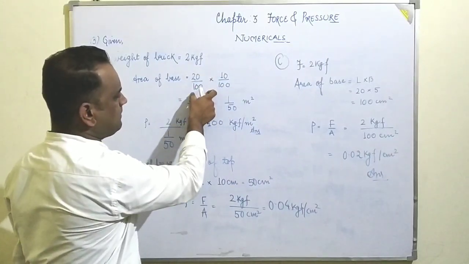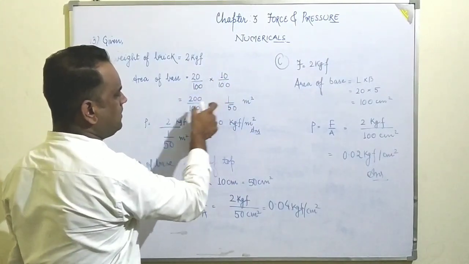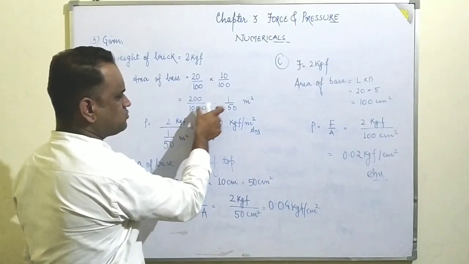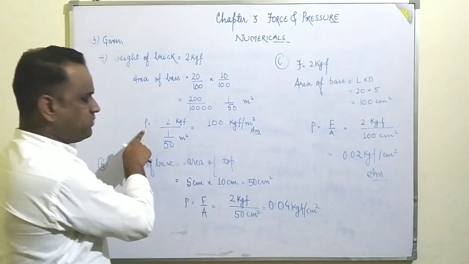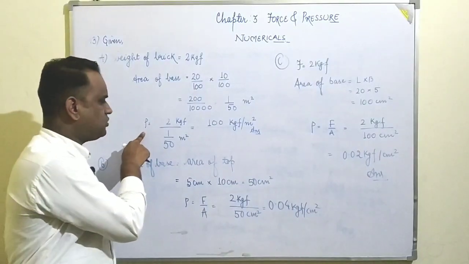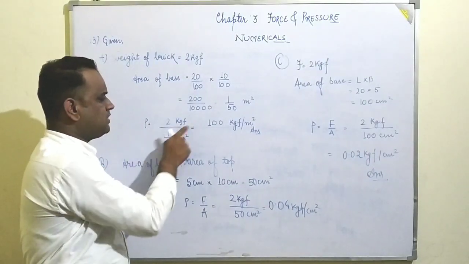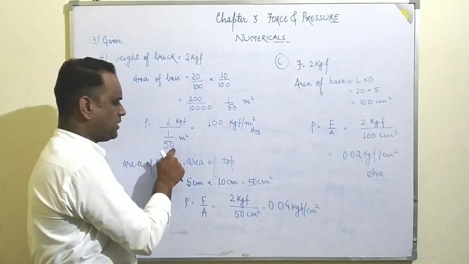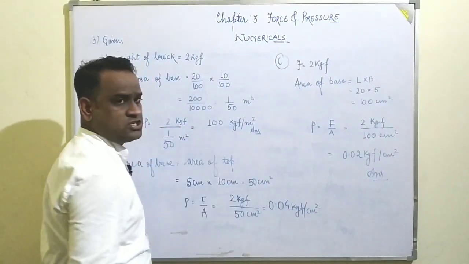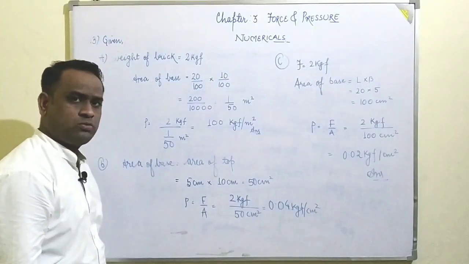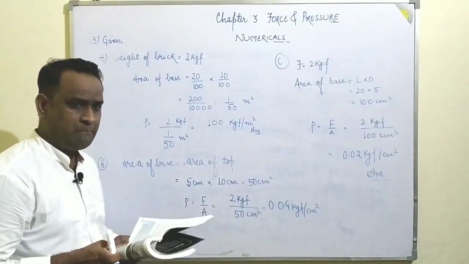So it will be 20 upon 100 and 10 upon 100. It will be 200 upon 10,000, so it will be 1 upon 50 meter square. Now pressure is equal to thrust upon area. Here the weight is 2 kgf upon 1 upon 50 meter square. So it will become 100 kgf per meter square for the first position of the brick.